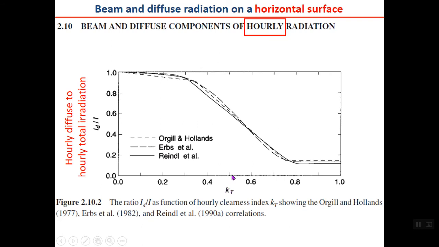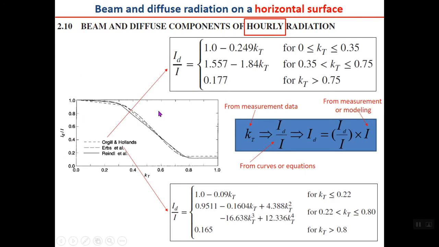If you have the hourly clearness index, by either of these equations, which belong to different researchers, you can calculate the ratio of diffuse to total. And if you remember, in the previous slide I told you that if you have I and ID, or ID to I, then you can calculate I beam. So there are also formulas which are fitted to the curves of these researchers.